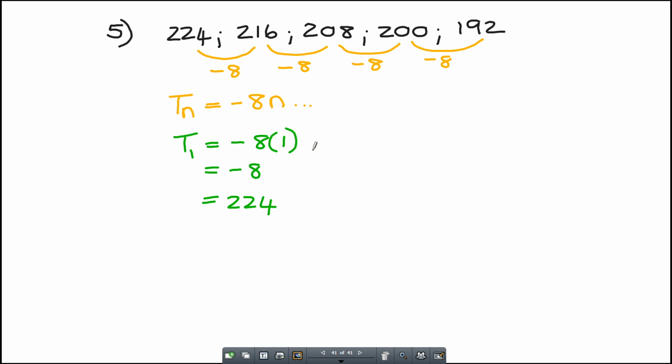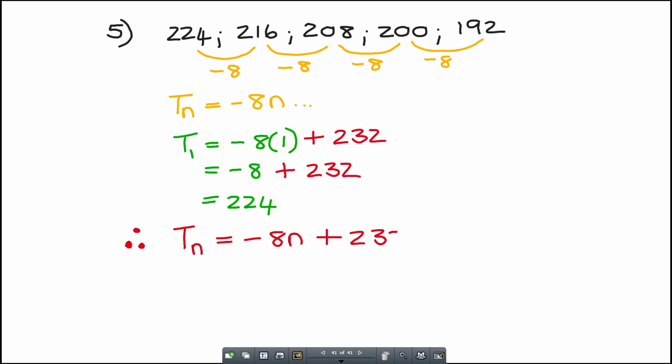So what am I going to add? It will be 32. Good. Okay, so my nth term or general term would then be term n is equal to minus 8n plus 232.